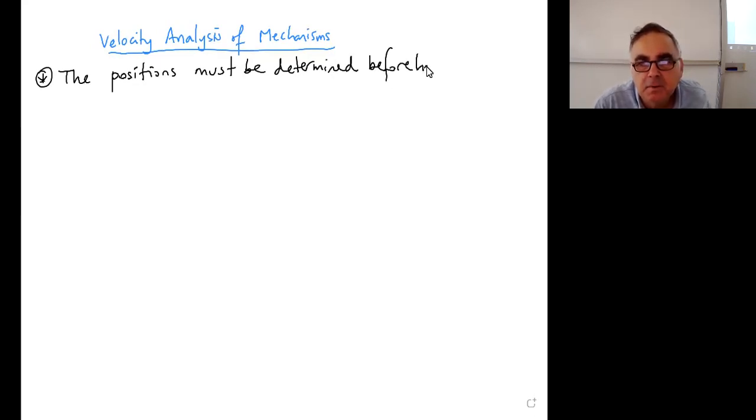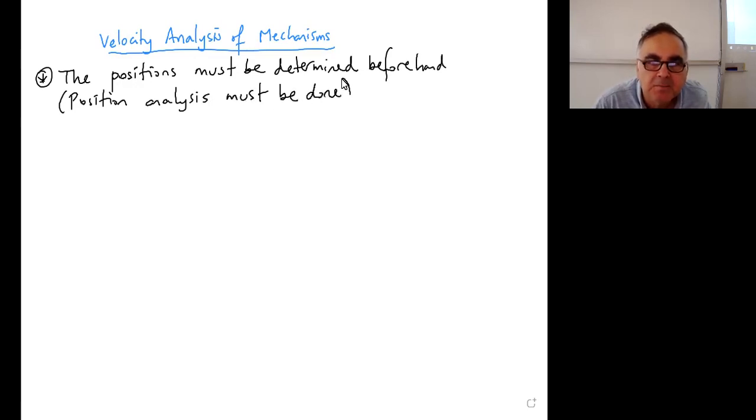Which means that the position analysis must be done, okay? Done before we start the velocity analysis.